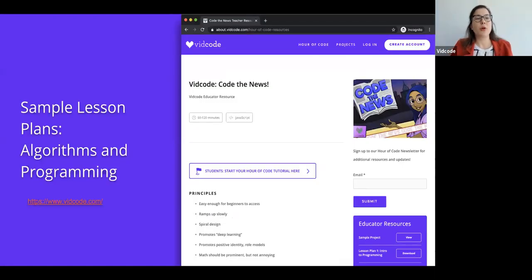In that light, with Vidcode, we have a tutorial that's free online called Code the News. That's a really good example of the algorithms and programming standards from both the CSTA and a high school Wyoming perspective.